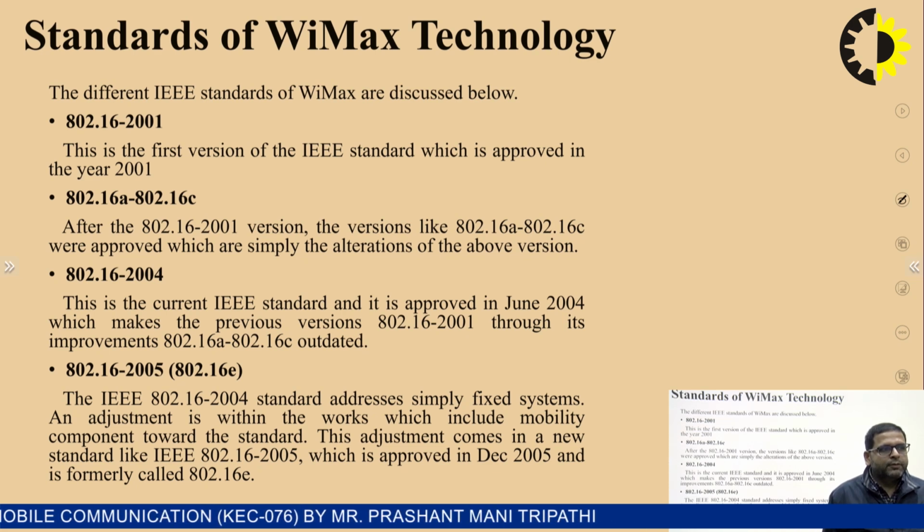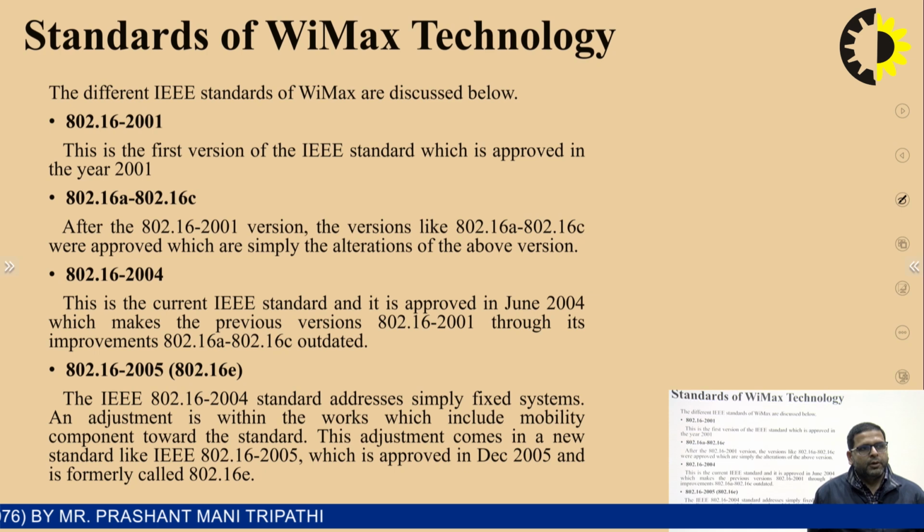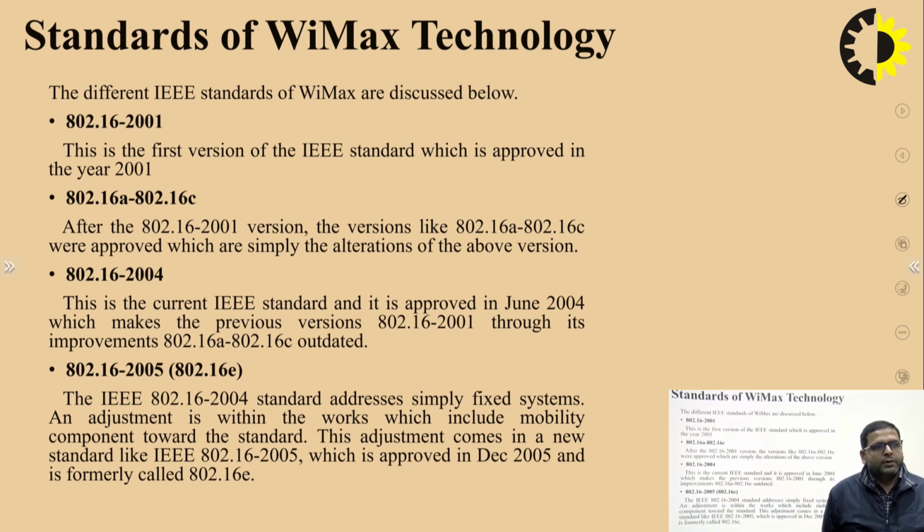In June 2004, another standard, 802.16d, was also approved, which provides better outcomes over 802.16a and 802.16c.